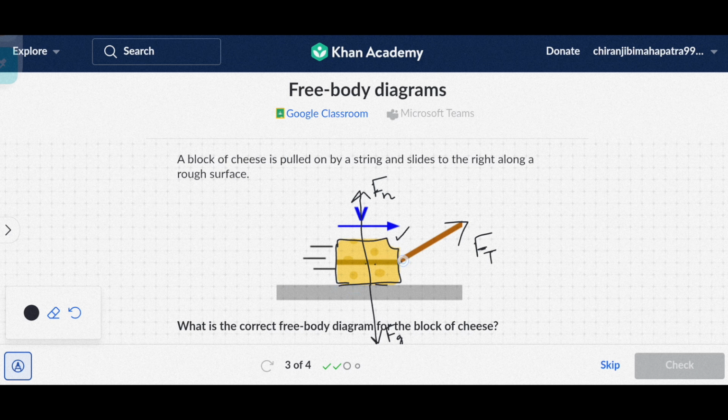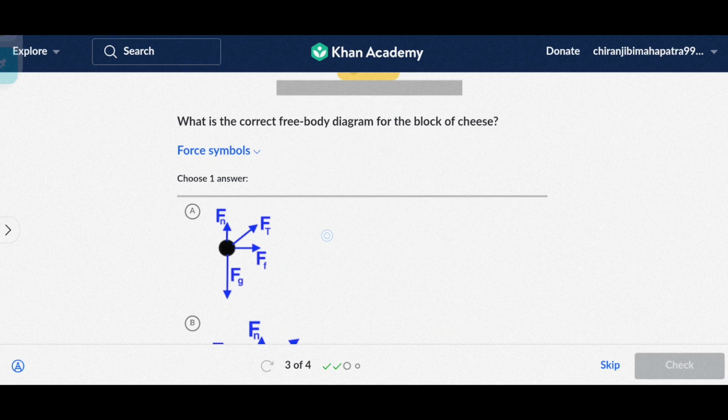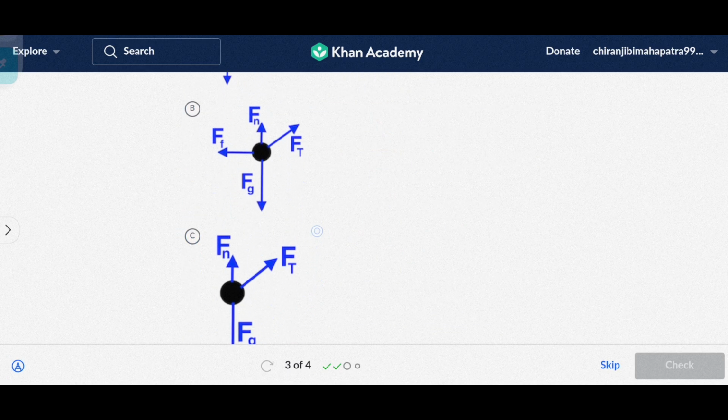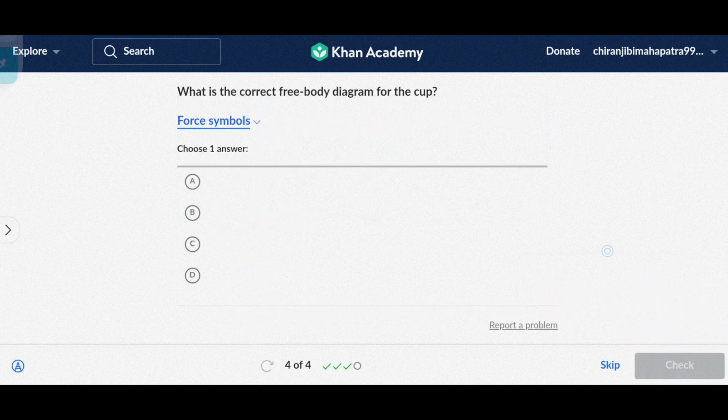Now, as it's pulling here, the block is moving to the right, let's say. It doesn't matter if it's moving or not, there will be a contact force of friction. So that's the free body diagram. Let's check. There are four forces, including friction. That's it.